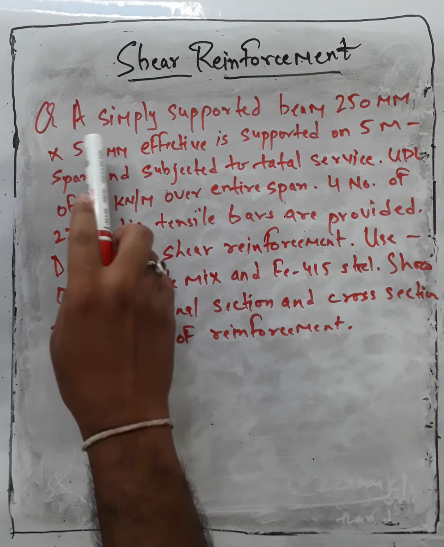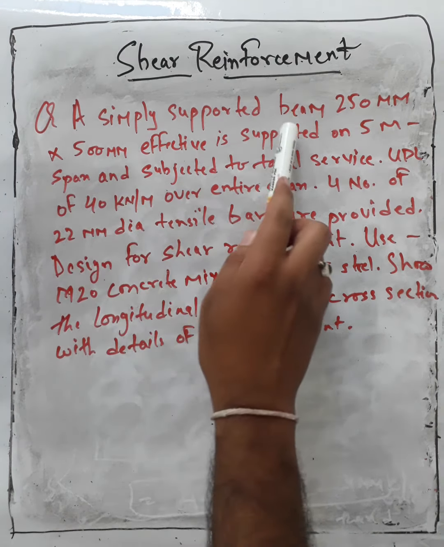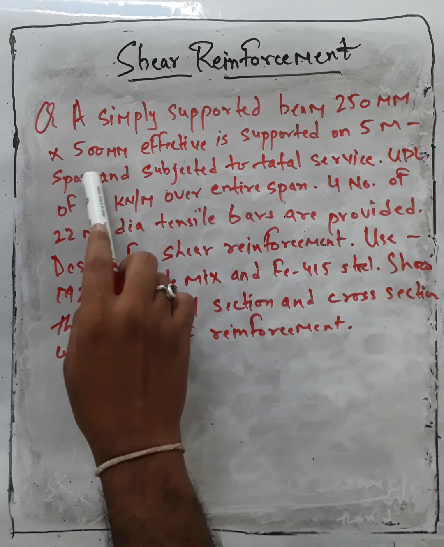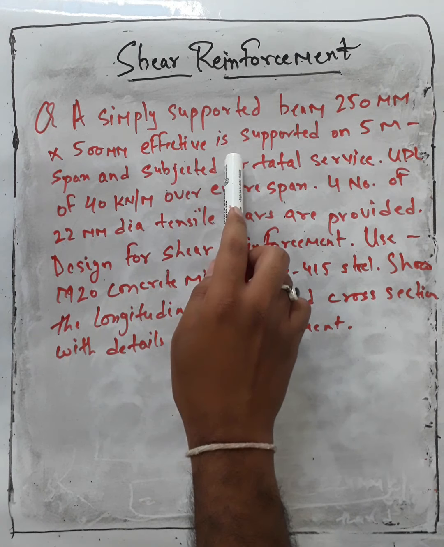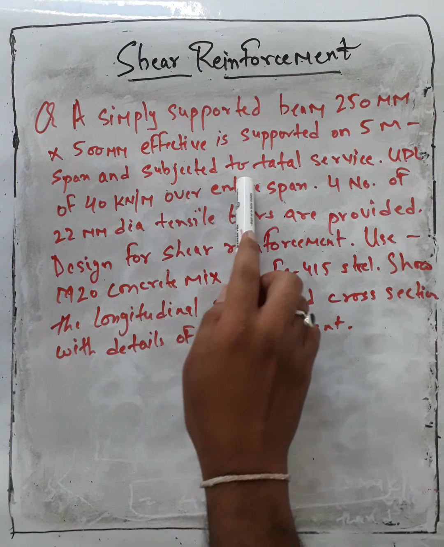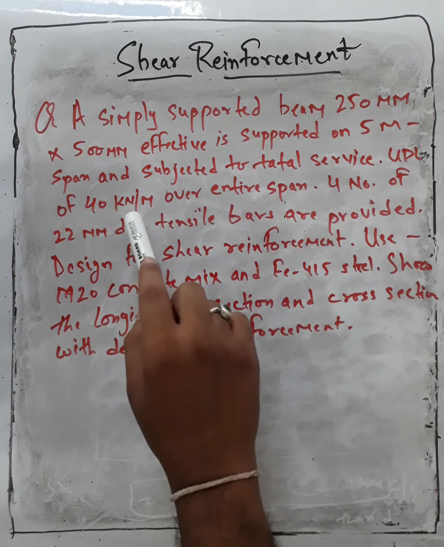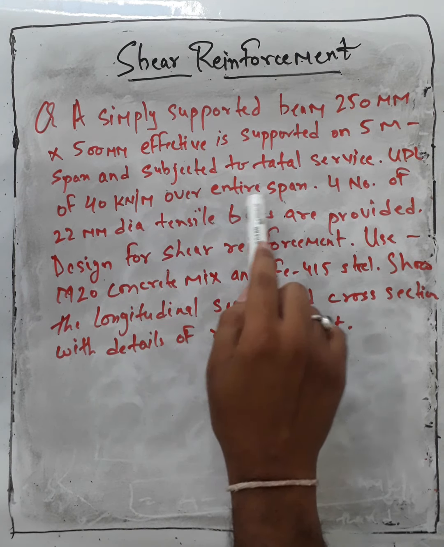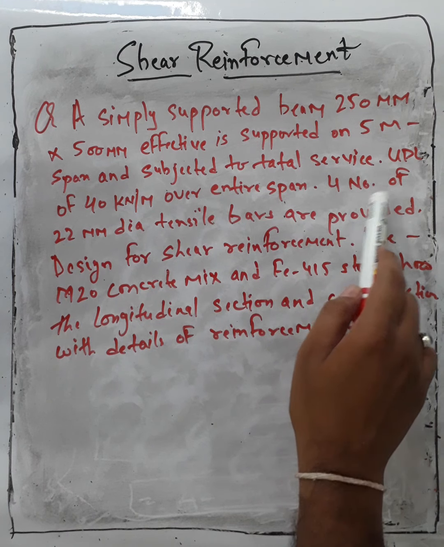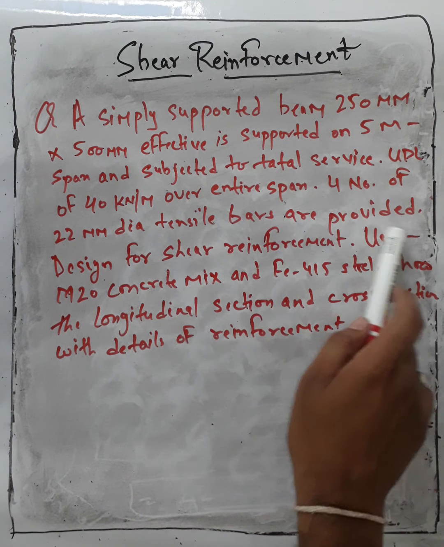Let's see the overall question. A simply supported beam 250 mm into 500 mm effective is supported on a 5 meter span and subjected to a total service UDL of 40 kN per meter over the entire span. 4 numbers of 22 mm dia tensile bars are provided.